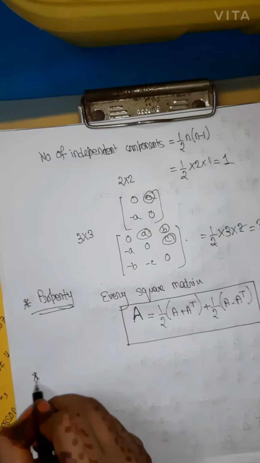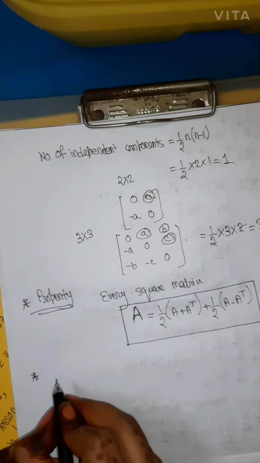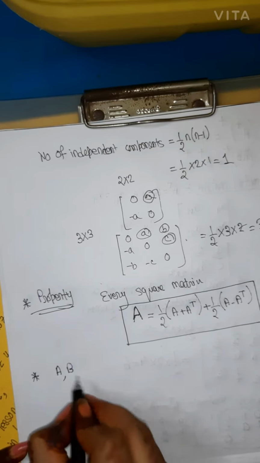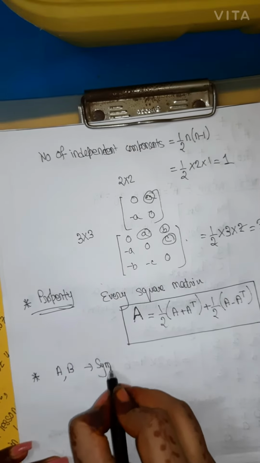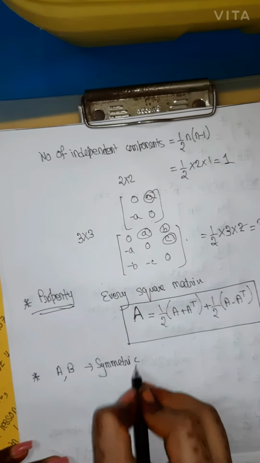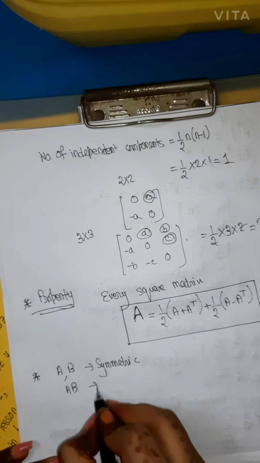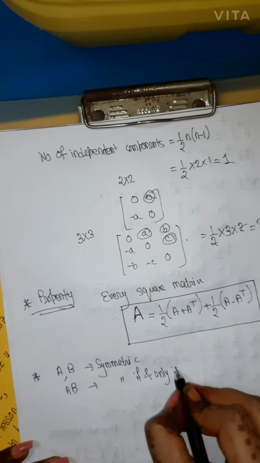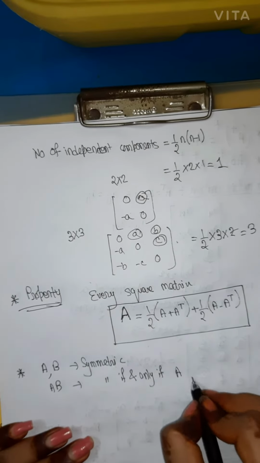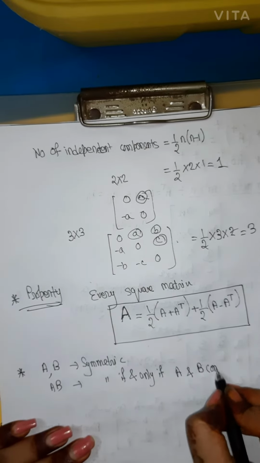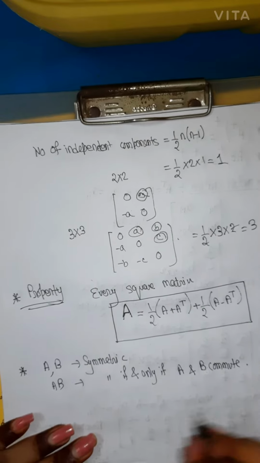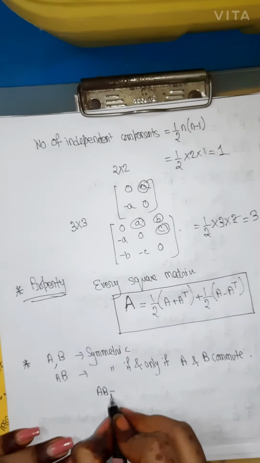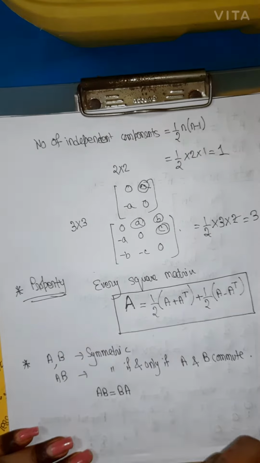Now we will see one more property, that if A and B are symmetric matrices, then AB will be symmetric if and only if A and B commute. What do you mean by commute? That is AB must be equal to BA.